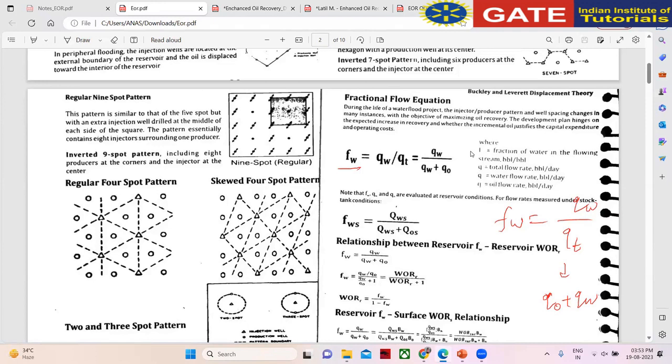This is also your water cut equation. FW is your water cut. How much water cut is present, you can calculate using this equation: FW is equal to QW upon QT, where QT will be your total flow rate, either of water or oil.